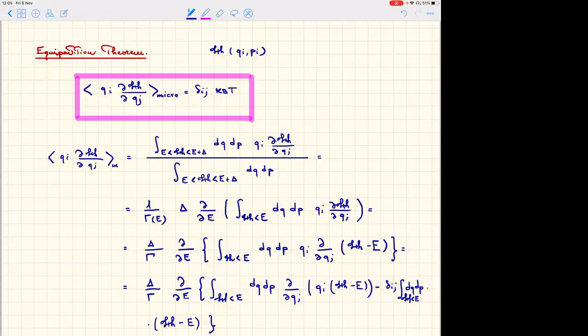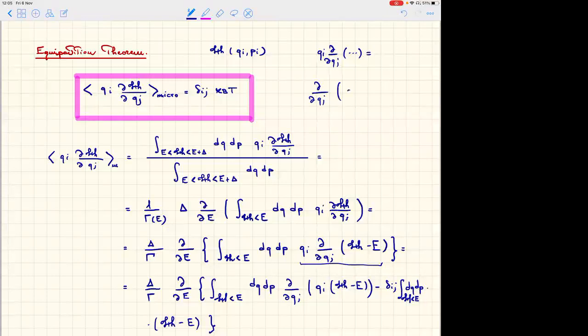Can you explain why you put qi inside the derivative? Well, let me see it this way. Here I have qi d/dqj of something.